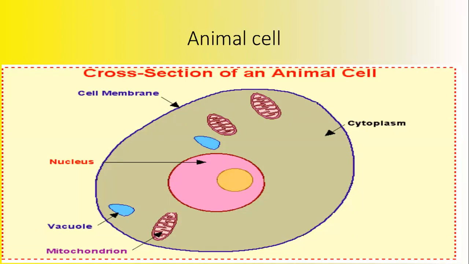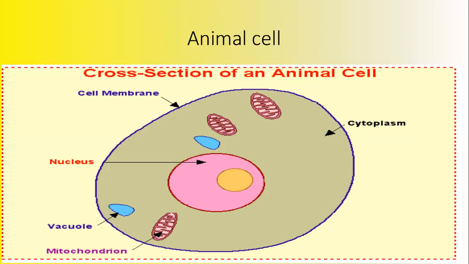So just remember that the cell membrane gives shape and controls the movement of material in and out of the cell. Nucleus is the control center, controls all types of activities. Vacuole is in the shape of a bubble.